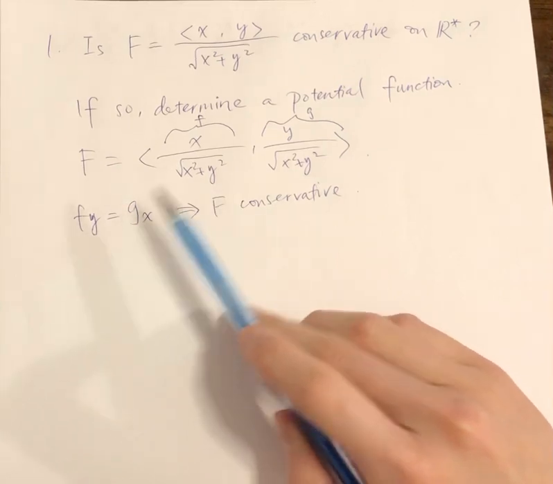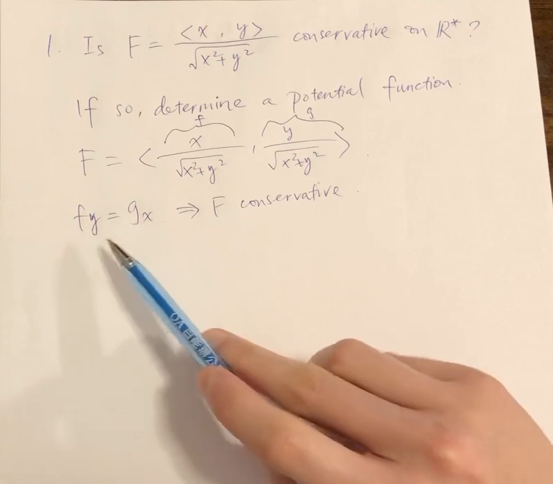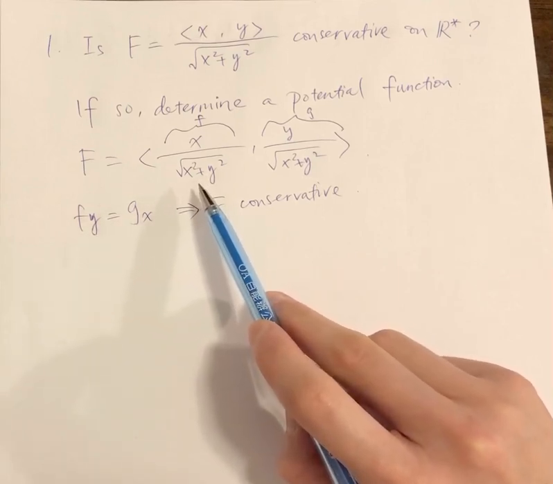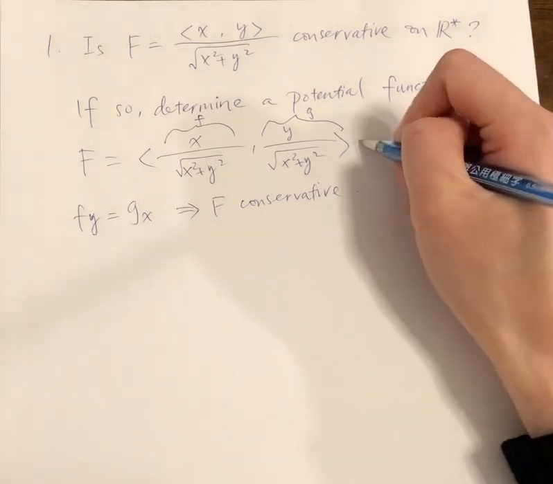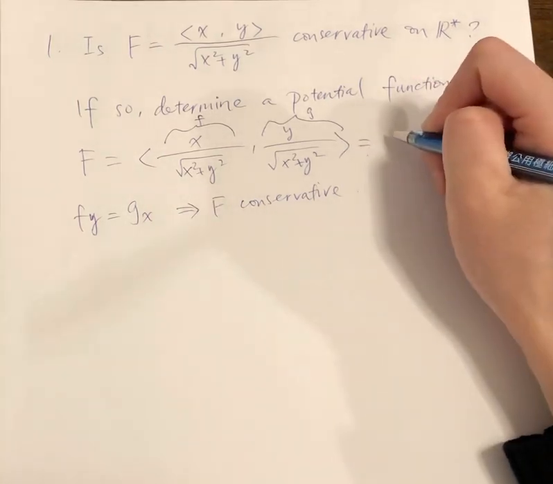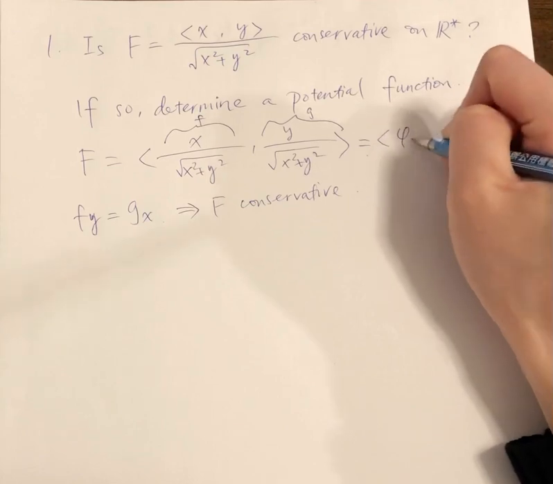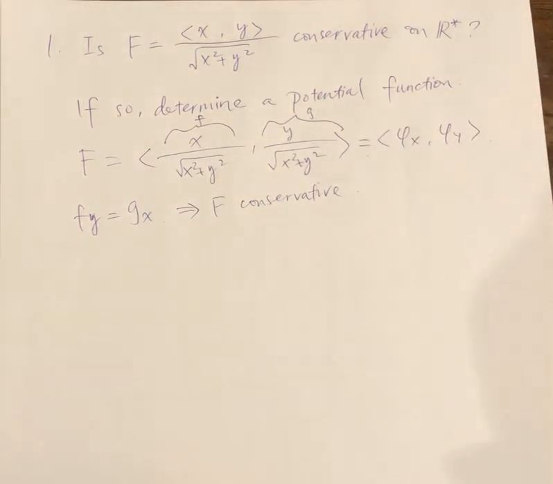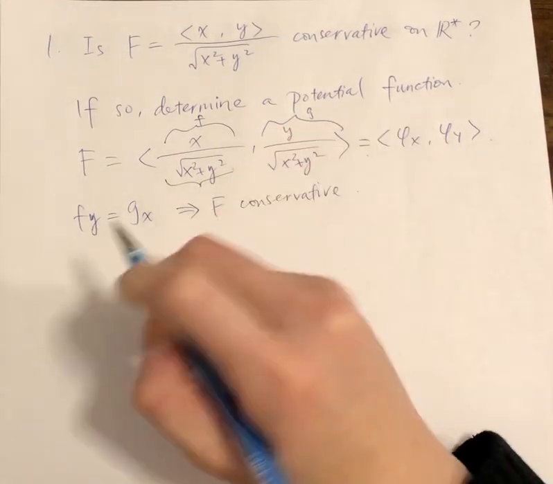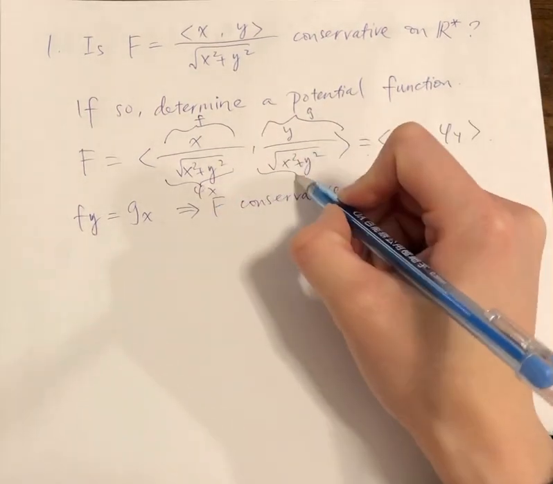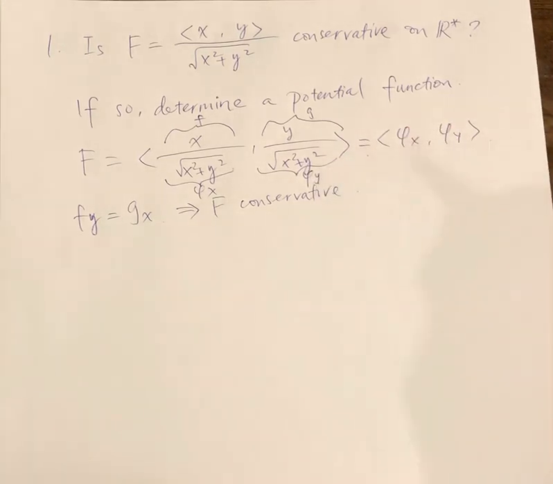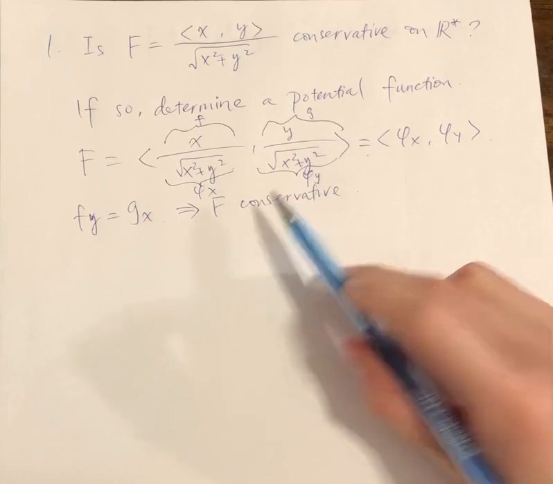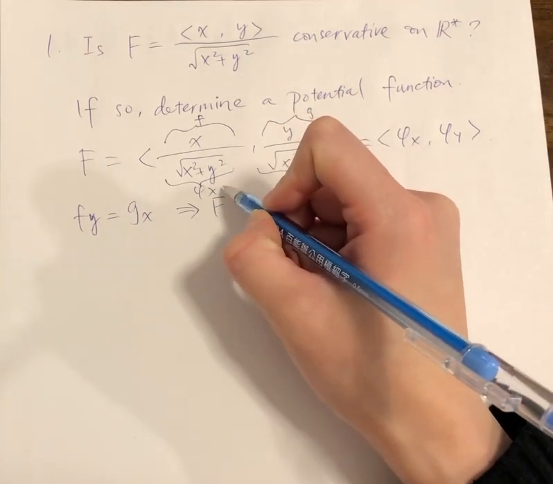You might ask, why is the first derivative with respect to y, not x? The reason is that if F is conservative, then it's the gradient of some phi. So this component should be phi_x, and this one should be phi_y.